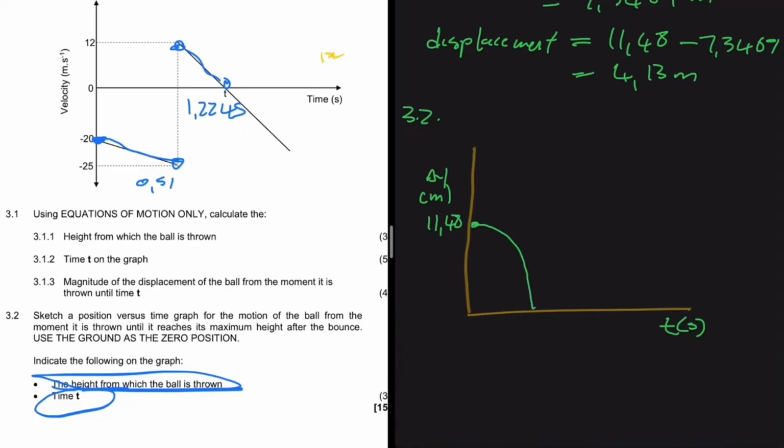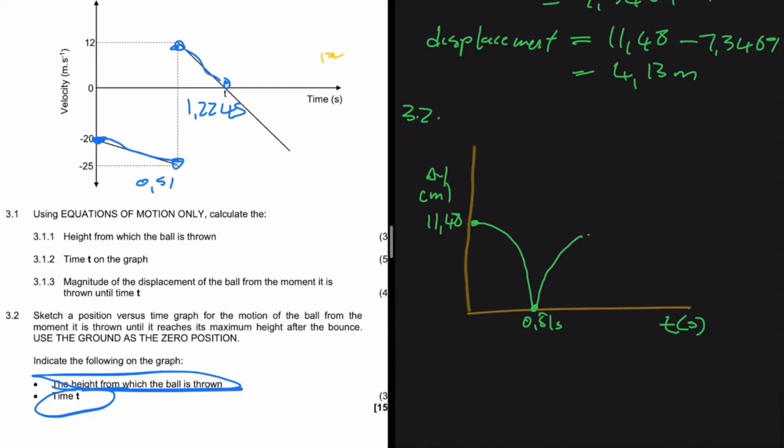And then it hits the ground, and then it bounces until it reaches its new maximum height, right? This height here, we know fully well what it is, 7.3469, and then the time here, which is the time t that we're supposed to indicate, we just calculated it not long ago, right?